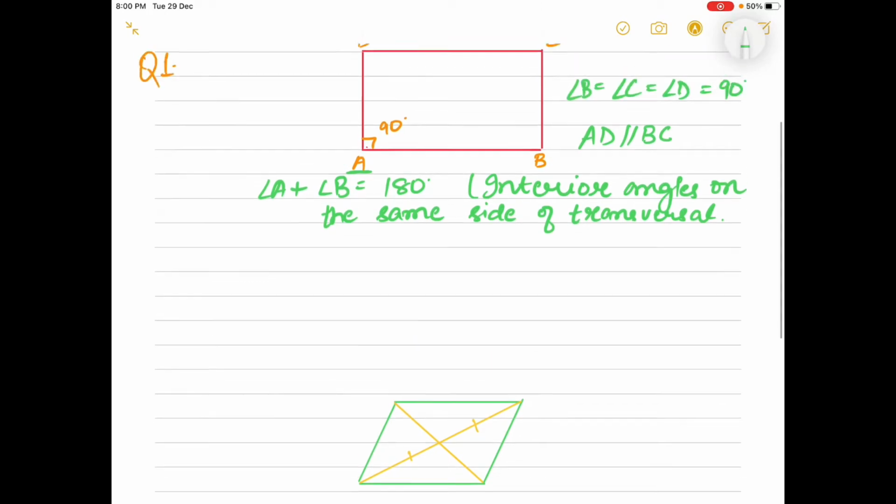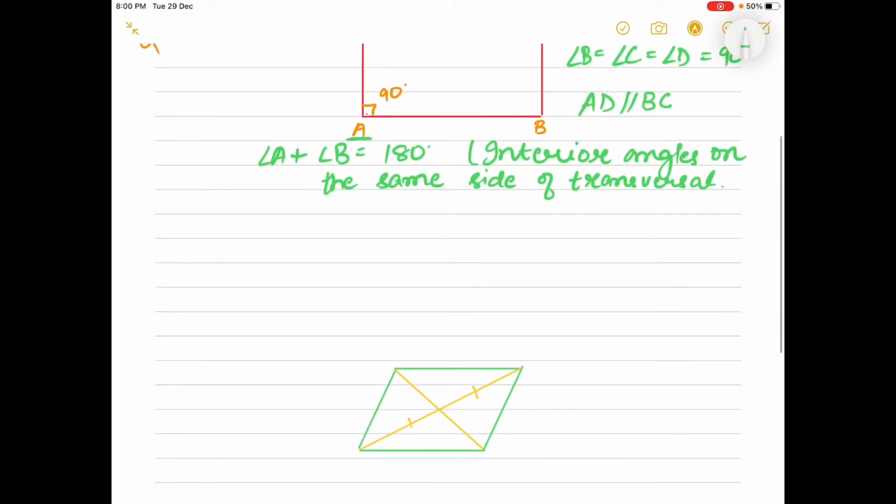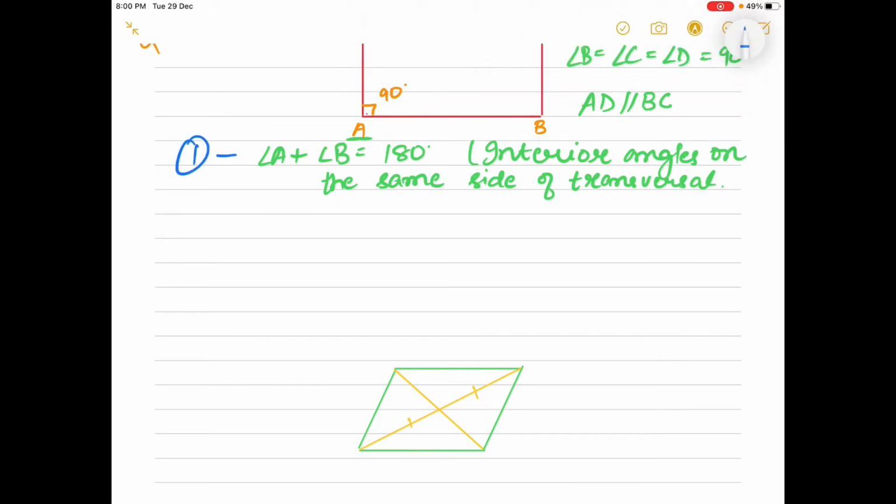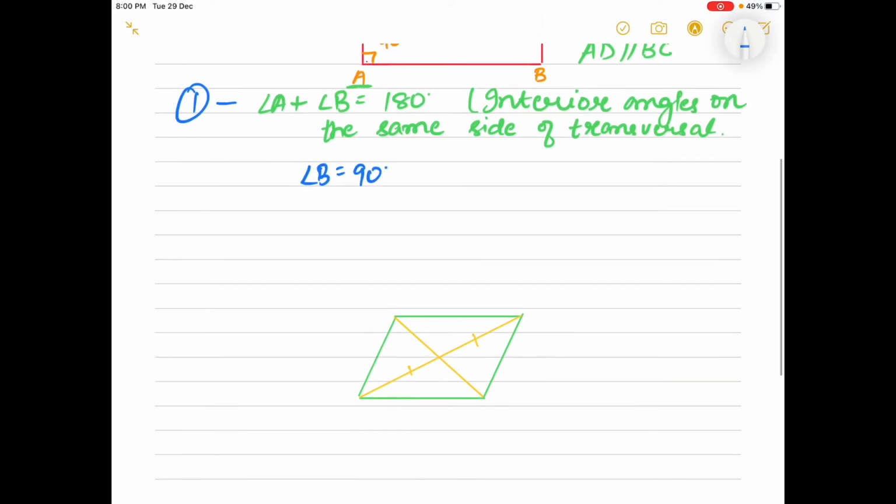As we have taken angle A as 90 degree, so from 1, angle B will be equal to 90 degree, and similarly angle C will be equal to angle A, as these are opposite angles of the parallelogram.